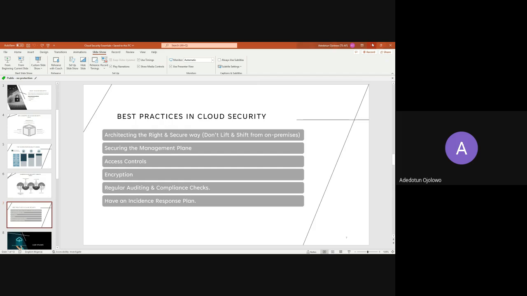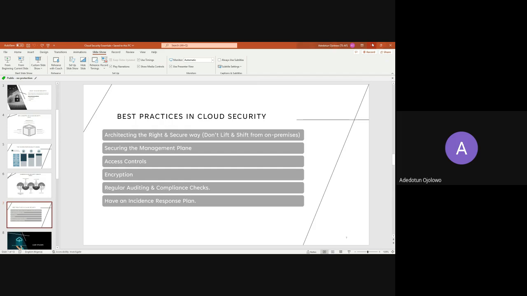You're easily able to talk to your infrastructure using API. And it is very, very important that you ensure that the management plane is secure. So if you are using the console, ensure that only the right people have access to it. Ensure that you're not using root credentials. Ensure you're using principle of least privilege.